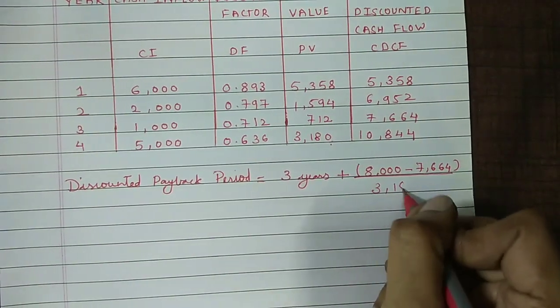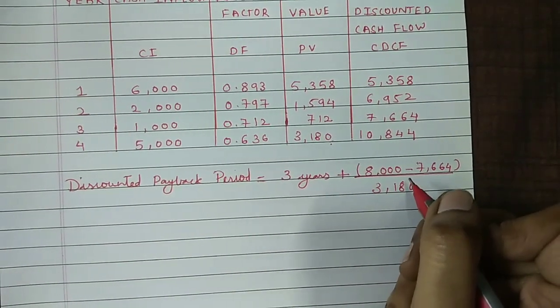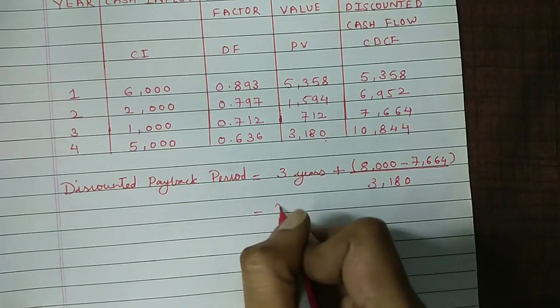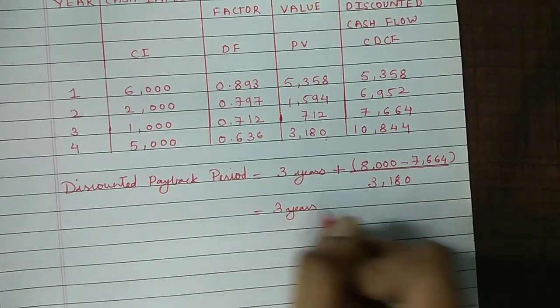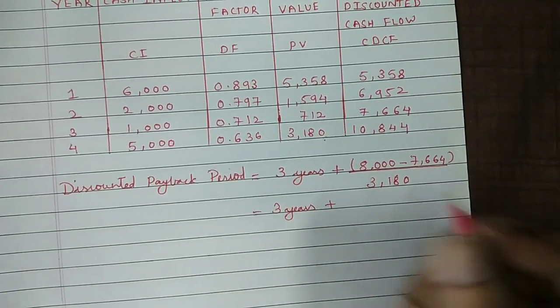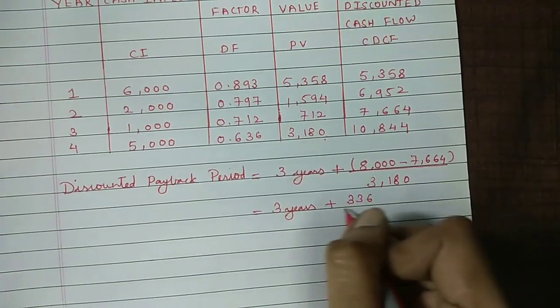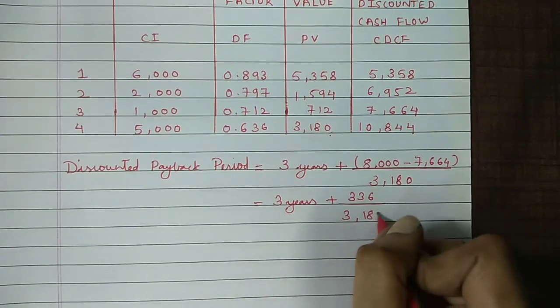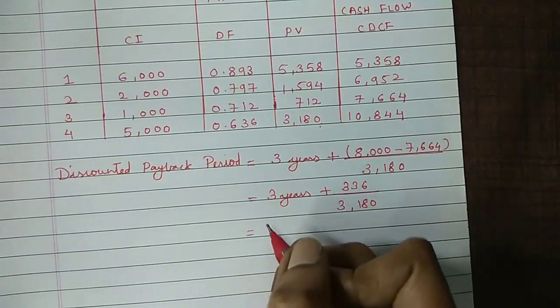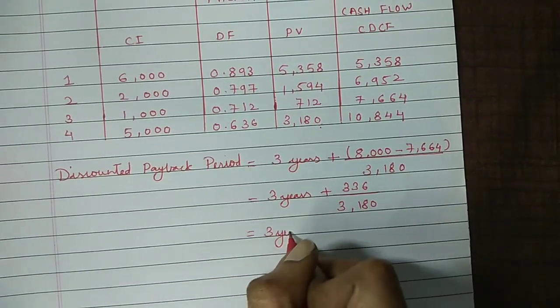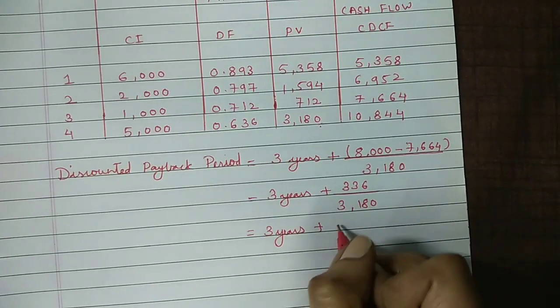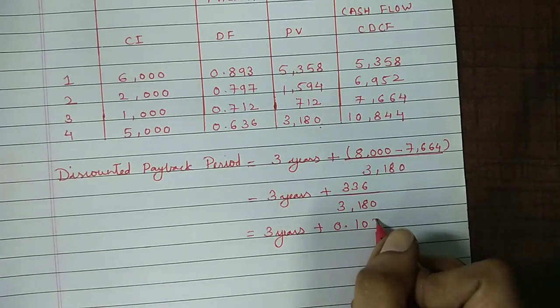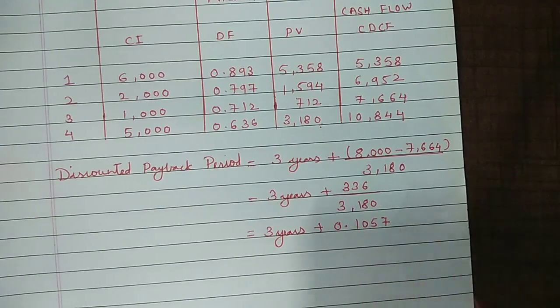So for the next year the calculation will be 3 years plus the difference, which is 336, divided by 3,180. So it will be 3 years, and this is nothing but 0.1057.